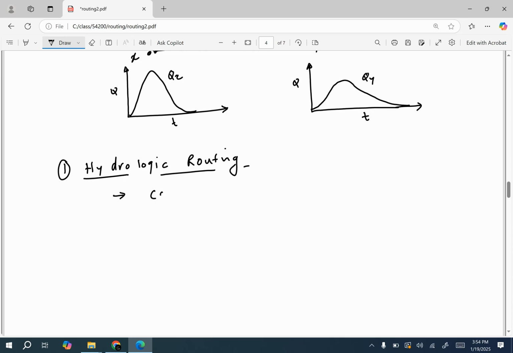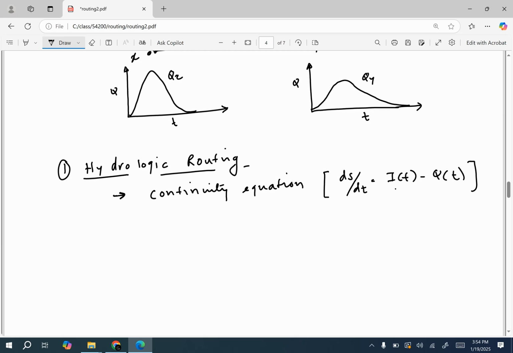The first is the continuity equation, which in hydrology is basically dS/dt = I - Q. So the change in storage is equal to inflow minus outflow.